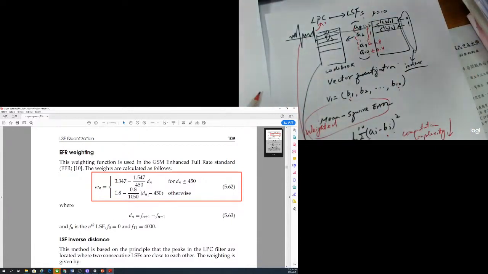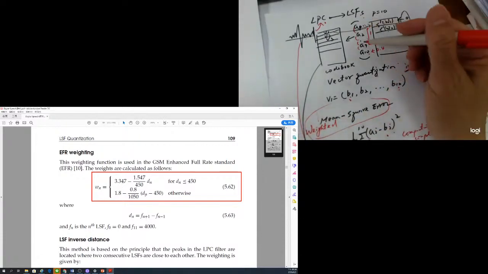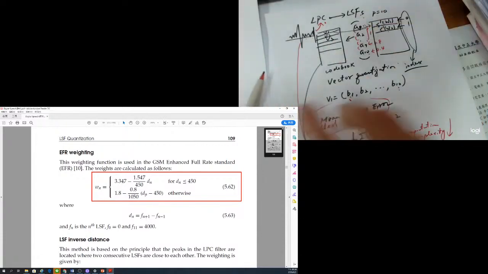If the two neighboring LSF coefficients are more than 450 hertz apart, the total will be 4,000 hertz. So if they're bigger than that, they use this weighting.